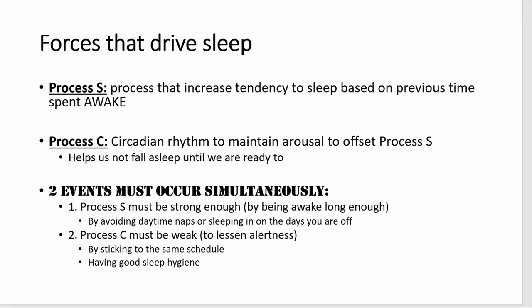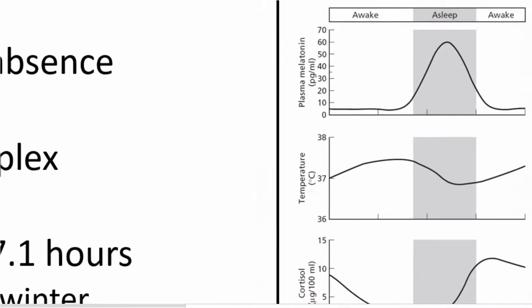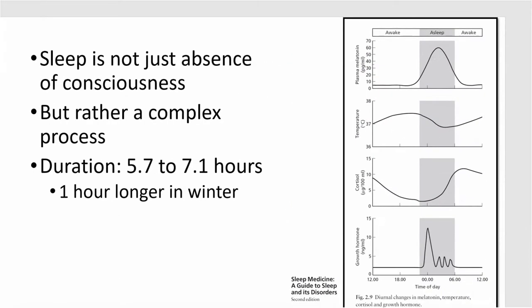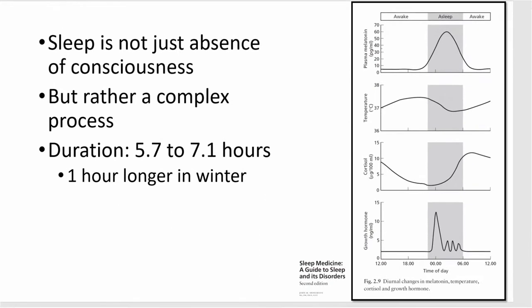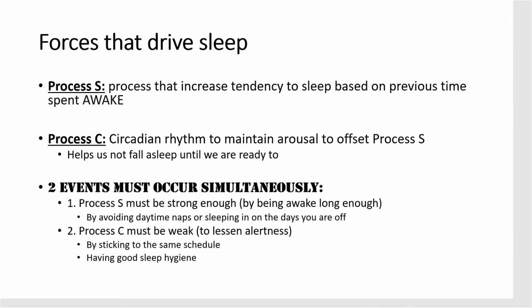For example, staring at a bright screen. Process C is controlled by one of the hormones that we previously looked at, called melatonin, right? So melatonin is one of the drivers of circadian rhythms for sleep, and then we know that light can mess with that, with process C.